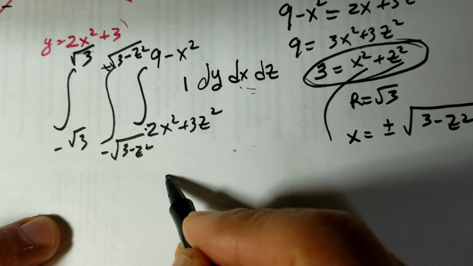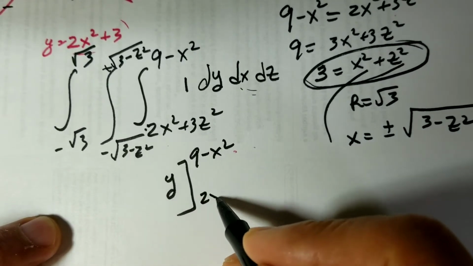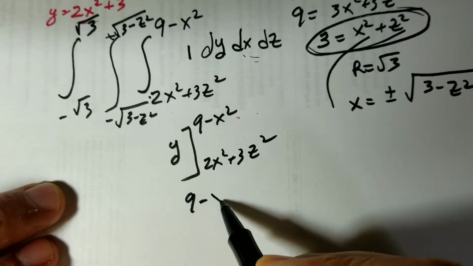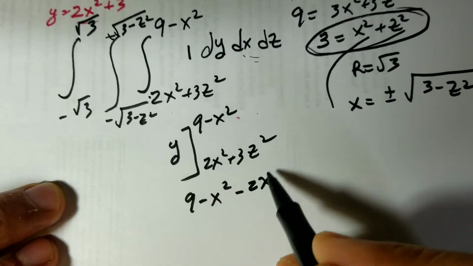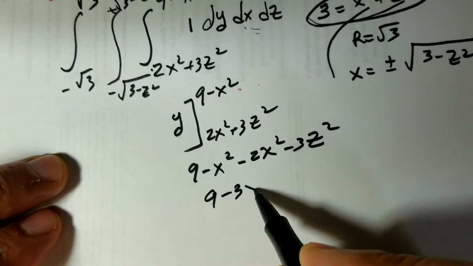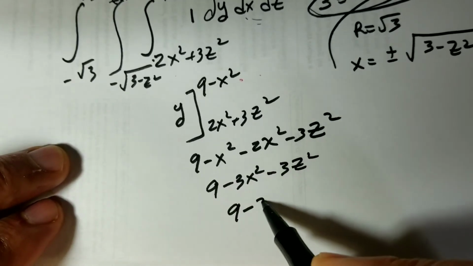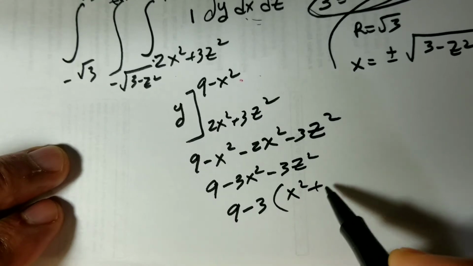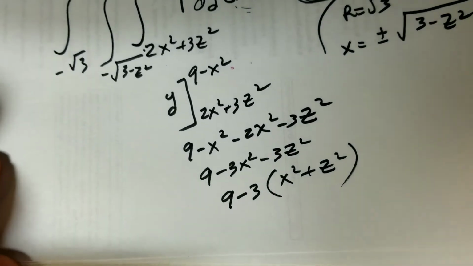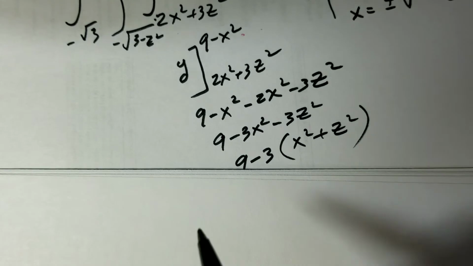Therefore, when I integrate 1 it is y, and it has 9 minus x squared and 2x squared plus 3z squared, and that becomes 9 minus x squared minus 2x squared minus 3z squared, and that becomes 9 minus 3x squared minus 3z squared, which is 9 minus 3 times x squared plus z squared. Okay, I got it. That's pretty good. Let's do the outside too.